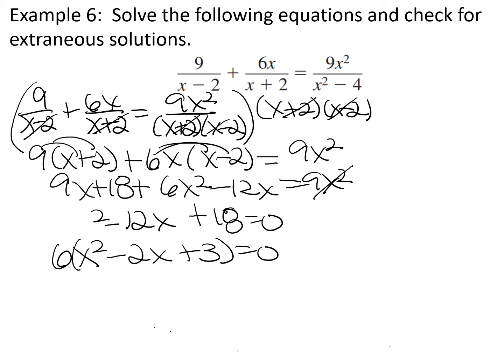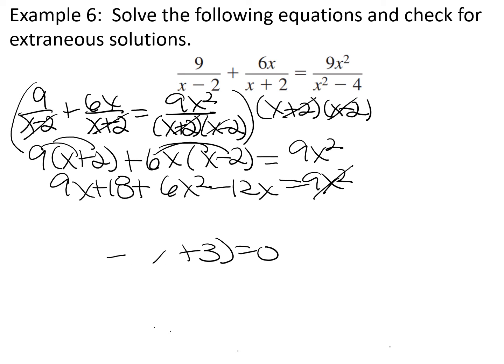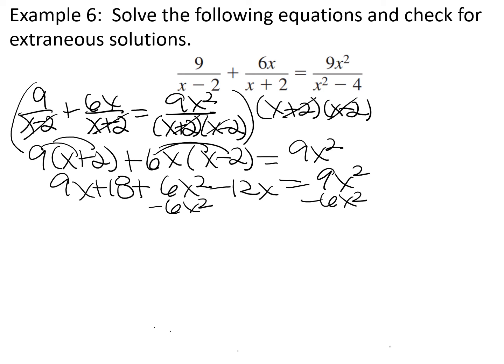Okay, but then I gotta clean this up a bit. Okay, so 9x squared here. So I'm going to want to move everything to the other side then. So I'm going to say minus 6x squared. Get rid of it here. And then I want to add the 12x on this side. And I want to subtract the 9x on that side. And I want to subtract the 18.